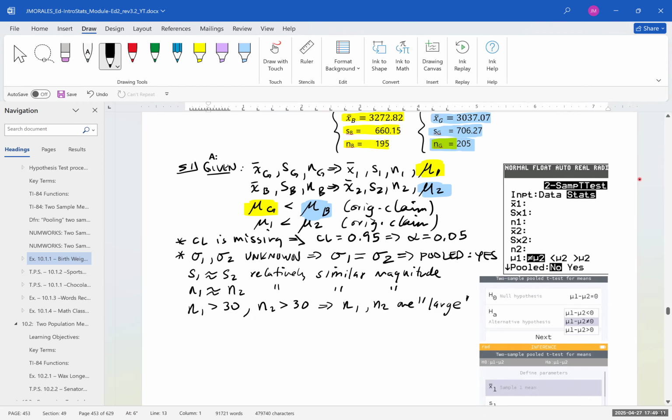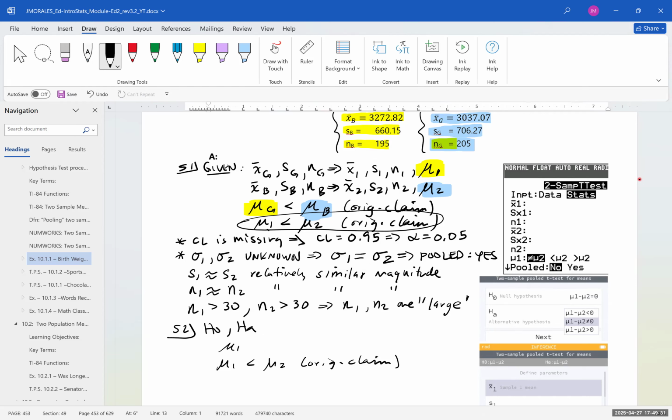So let's proceed to step 2, which is to set up our null and alternate hypotheses. So we have this hypothesis here, mu1 less than mu2. That is our original claim.